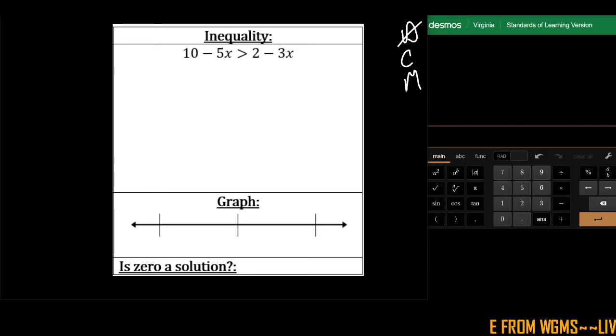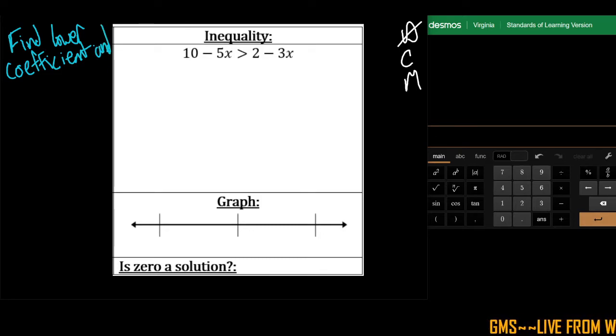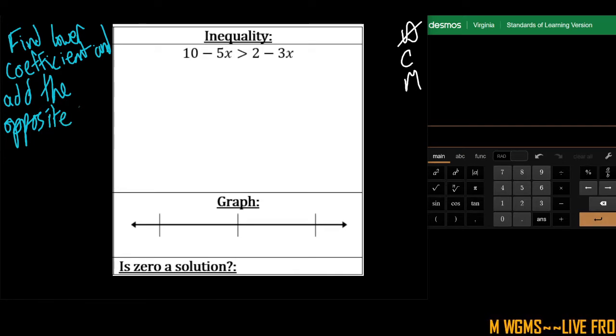Since this variable is on both sides, we need to find the lower coefficient, and add the opposite to both sides.